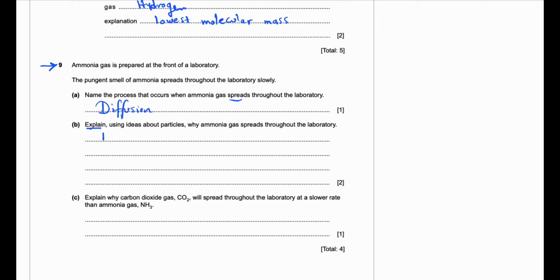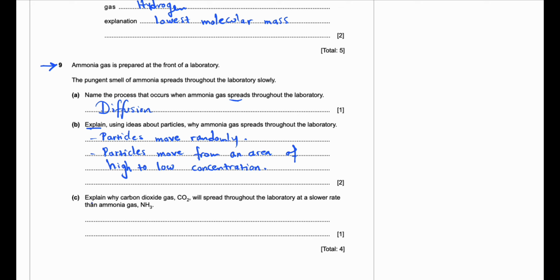So particles move randomly. That's one of the reasons. The second reason, particles move from an area of high to low concentration. Explain why carbon dioxide gas, CO2, will spread throughout the laboratory at a slower rate than ammonia gas, NH3.